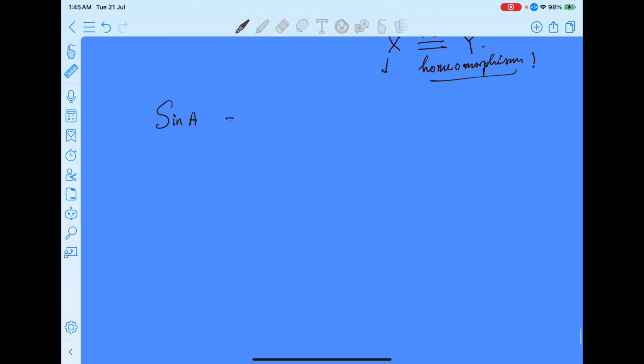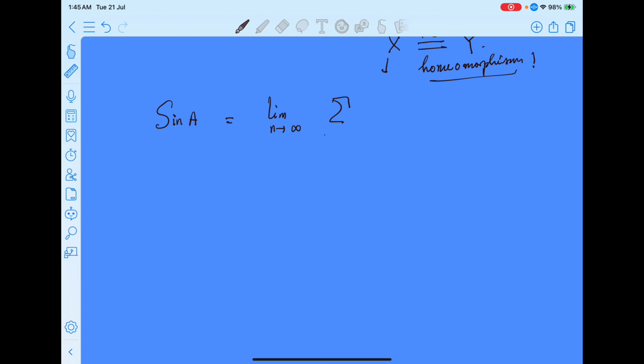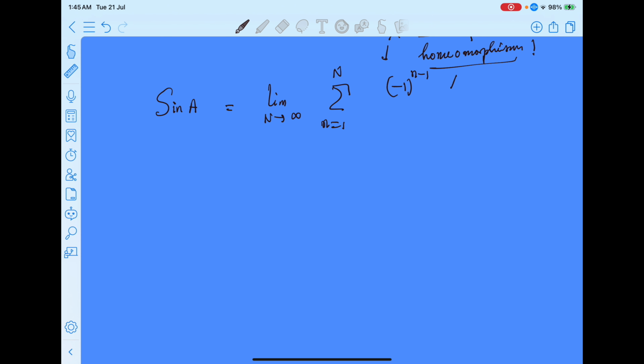Sin A is just the limit as n tends to infinity of the summation from 1 to n of minus 1 power n minus 1, A to the power 2n minus 1 divided by 2n minus 1 factorial. This is the definition. If the limit exists, you can say that.